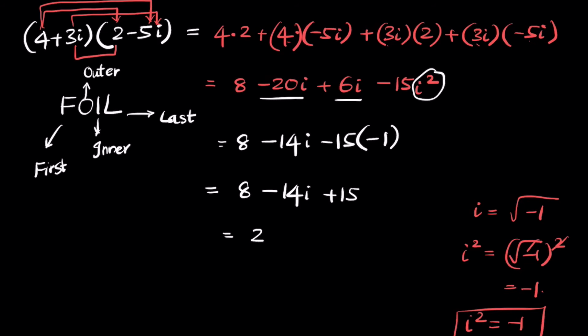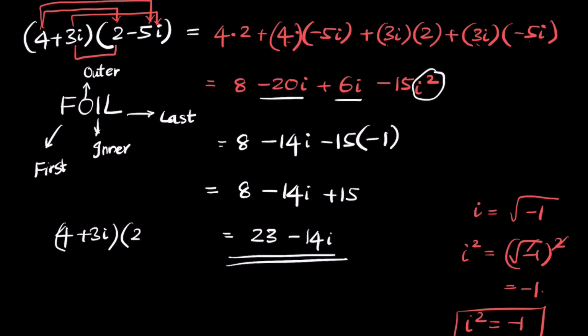So 15 plus 8 is 23, minus 14i. So 23 minus 14i is the value of 4 plus 3i times 2 minus 5i. Let's try another example.